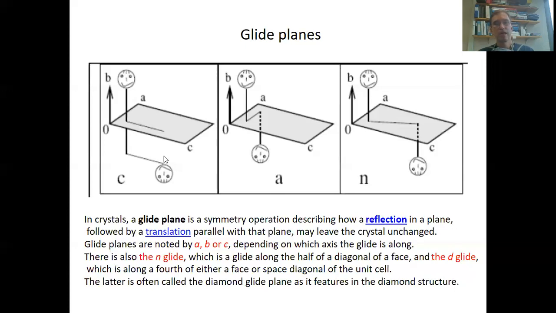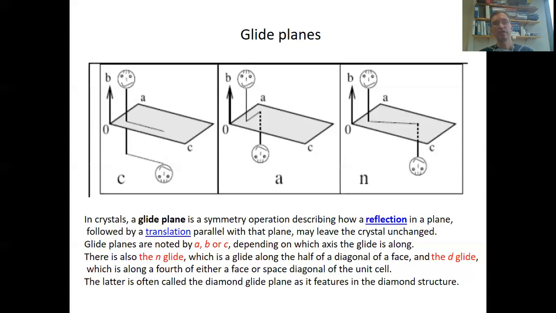Now from that, we can easily derive what an A glide plane would do. Here's an example for an A glide plane. In this case, we first have to translate in the A direction. After that, we would have to reflect either at an AC plane or at an AB plane.